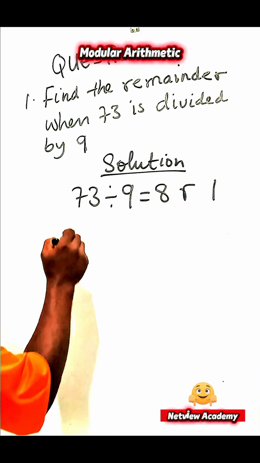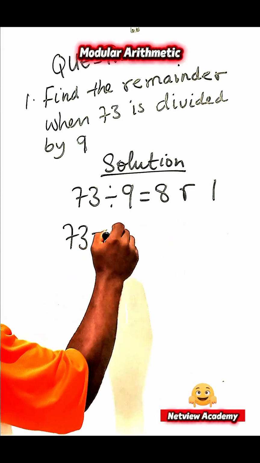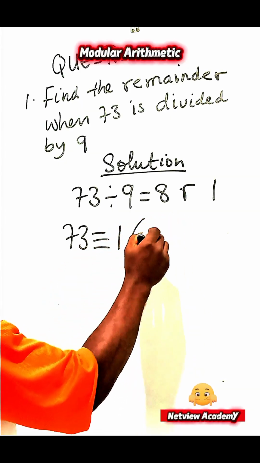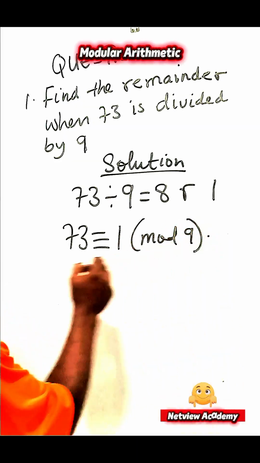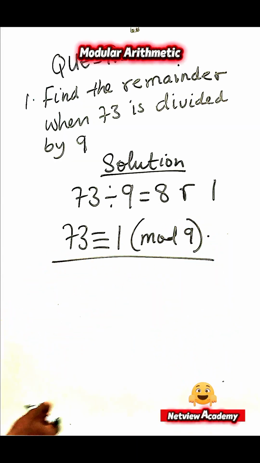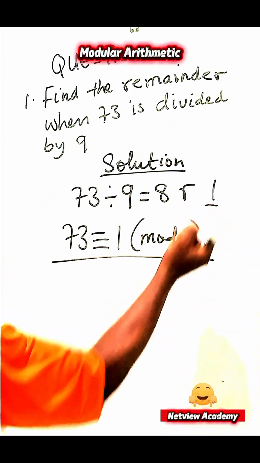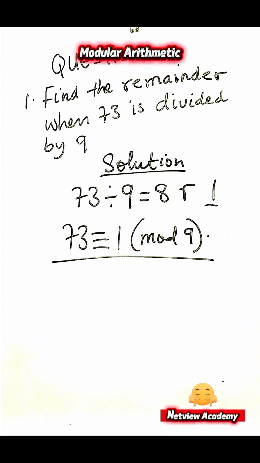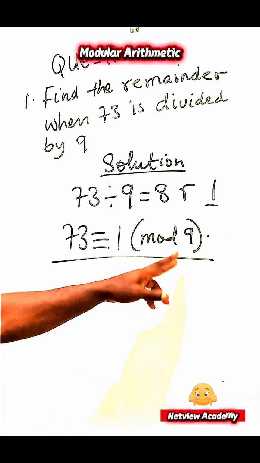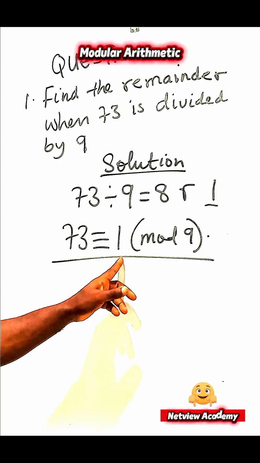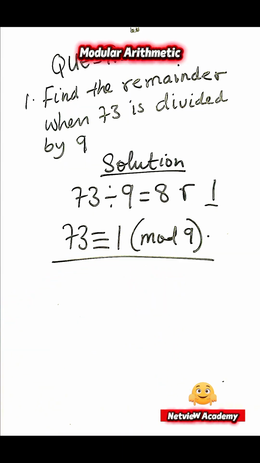Therefore, this is expressed as 73 is congruent to 1 modulus 9. So, find the remainder when 73 is divided by 9, the remainder is 1. And 73 is congruent to 1 mod 9 because when 73 is divided by 9, the remainder is 1. When 1 is divided by 9, the remainder is also 1.